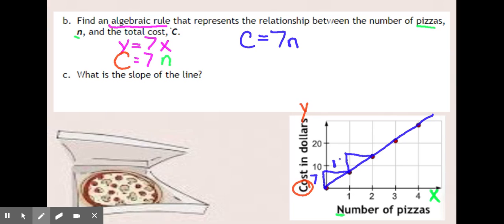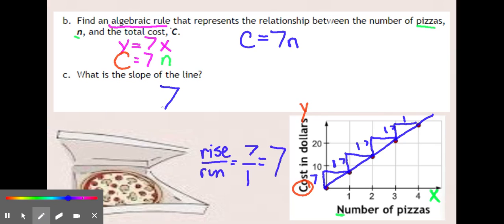So it will keep going up, $7 and one pizza, $7 and one pizza. So to find my slope, I know I have to do the rise over the run. So it's 7 over 1. So my slope is 7.